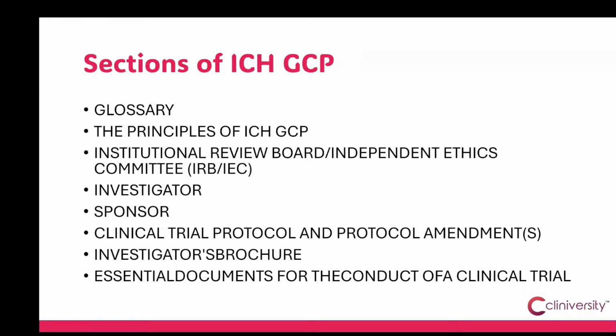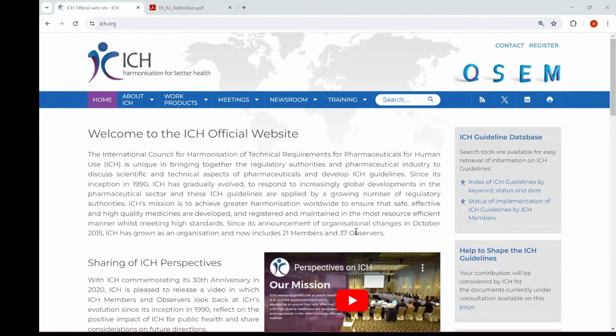So what are the different sections in the ICH GCP? We have the glossary, principles of ICH GCP, IRB IEC responsibilities, investigator responsibilities, sponsor responsibilities, clinical trial protocol and protocol amendments, investigator brochure, and also essential documents for the conduct of a clinical trial.